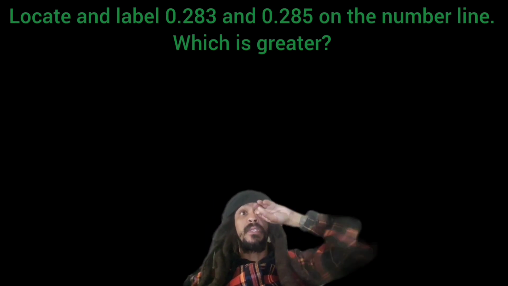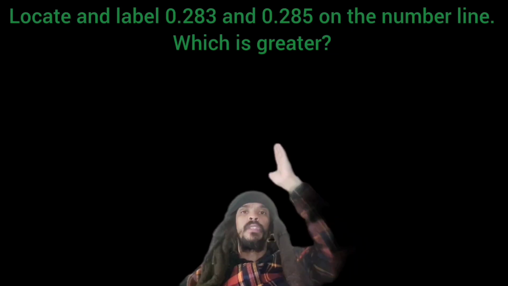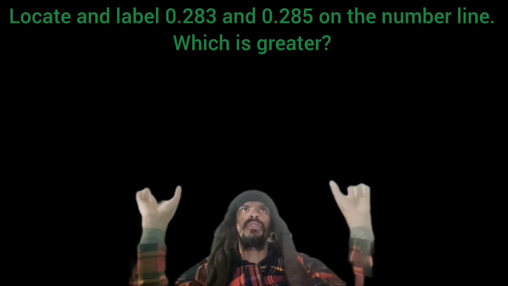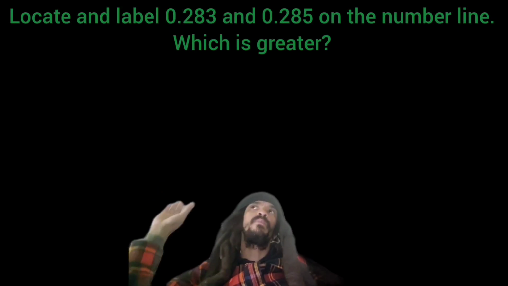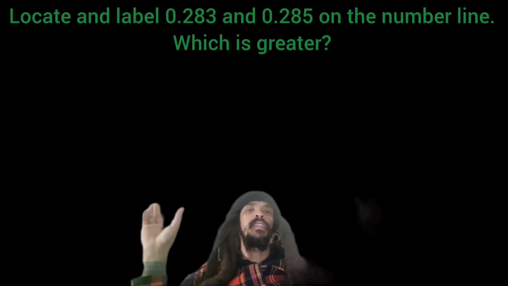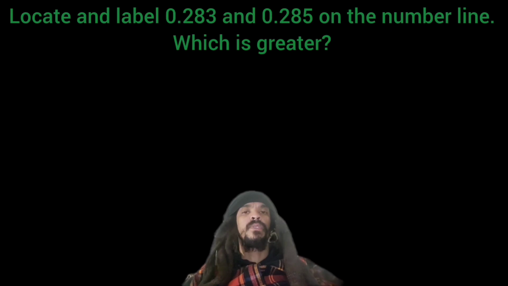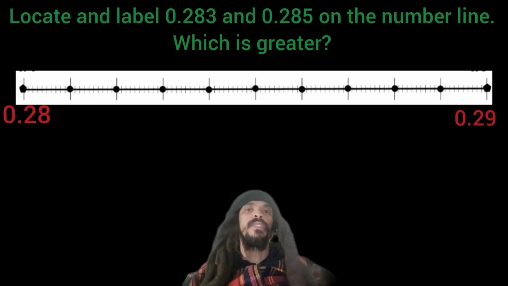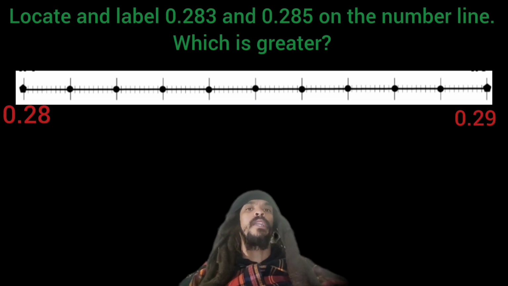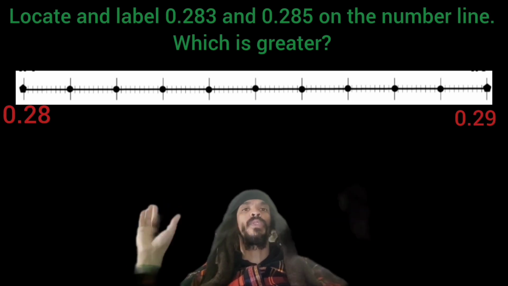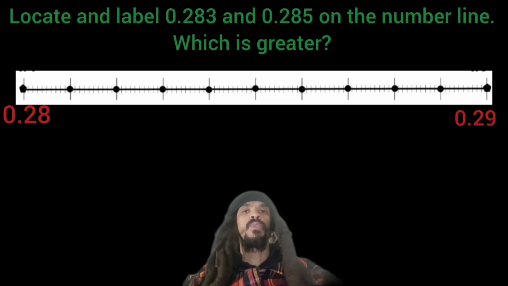Both of these start with 2/10 and then 8/100ths. So those are both the same, but then their thousandths are different. So let's put our beginning and our ending as hundredths. We could put the two consecutive ones. It starts with 28/100ths and then ends at 29/100ths, and both of those numbers fall in between. So we'll locate where they are in between and see which one is greater.